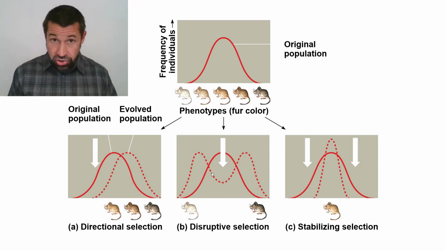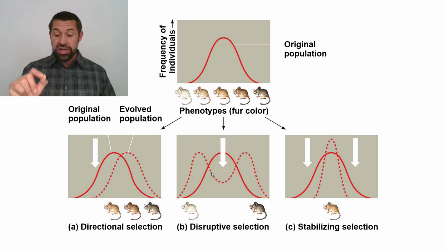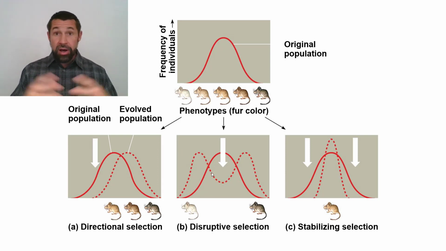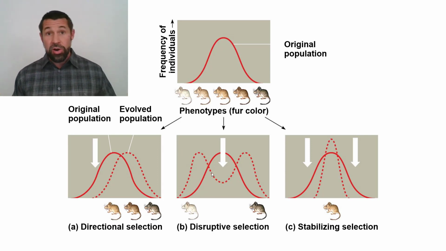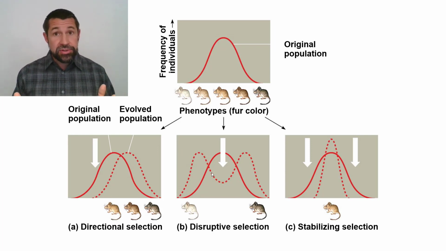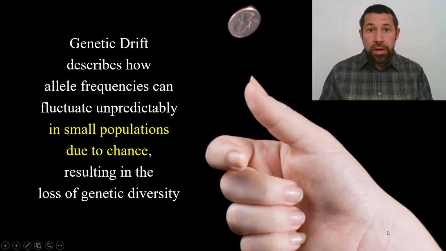So taken to the extreme, stabilizing selection can actually fix the phenotype, where 100% of the mice express, in this example, the medium brown coat color phenotype. And the other alleles that code for light and dark might be lost from the gene pool. So natural selection, obviously a major driver of evolutionary change.